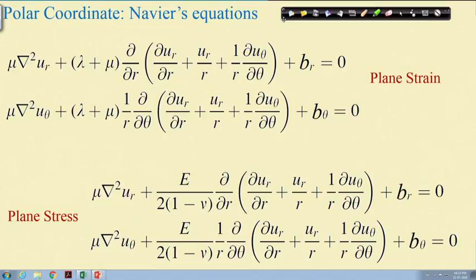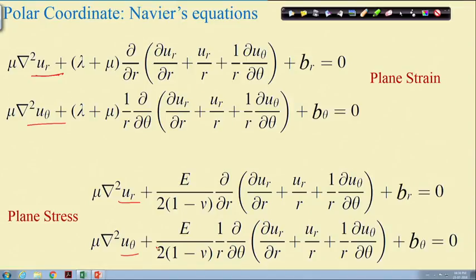In the equilibrium equation, we write everything in terms of displacement, and if we do that, similar to the Cartesian coordinate system, we get the corresponding equations in plane strain and plane stress. This is epsilon in the r direction, and this is the theta direction. So, this is for plane stress and plane strain.